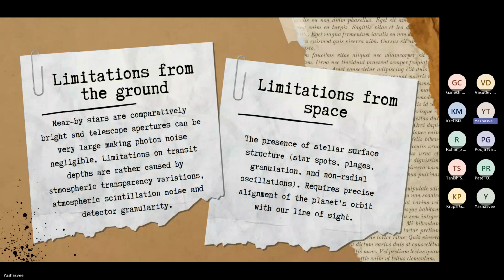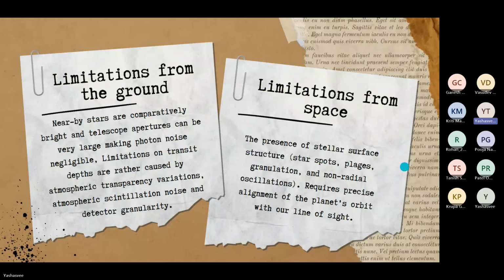These telescopes have large apertures and we can observe nearby stars with them. But nearby stars are comparatively quite bright, and the telescope apertures are quite large. So the photon noise is quite negligible. Thus, photon noise is not a limitation any longer.